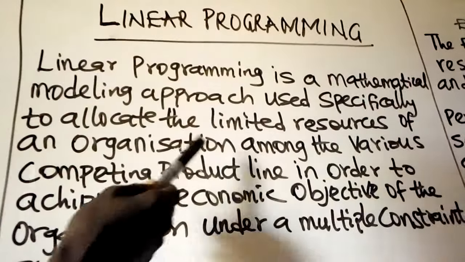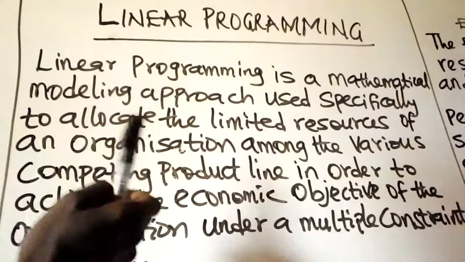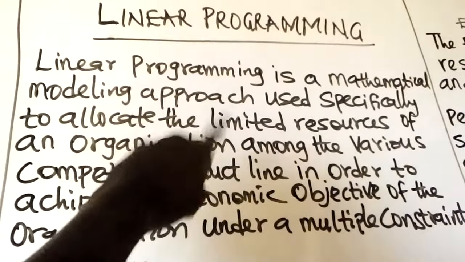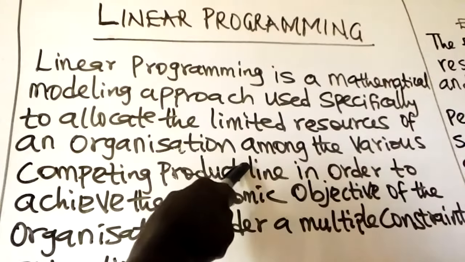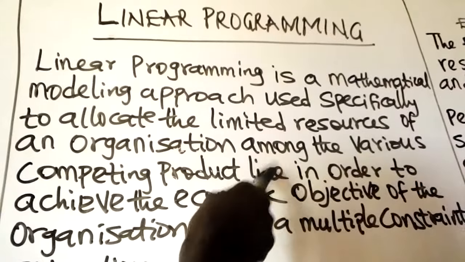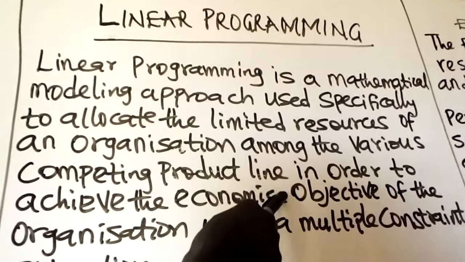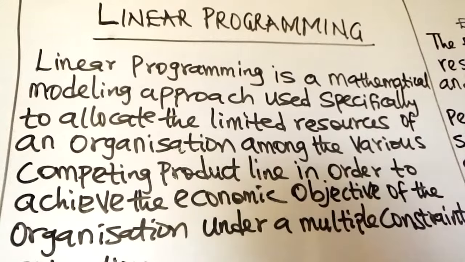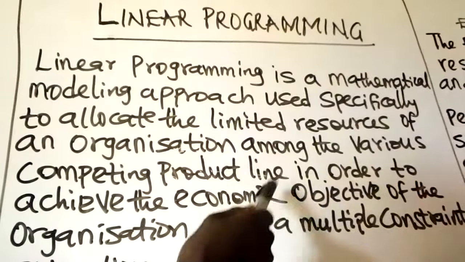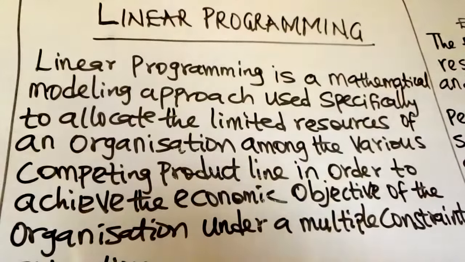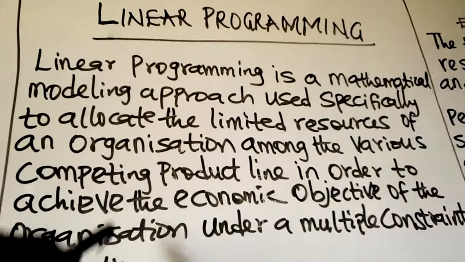With the single limiting factor, the constraint is one, but in this case you'll be having two or more constraints. That is where the organization is faced with two or more limiting factors. That is when linear programming will be used.